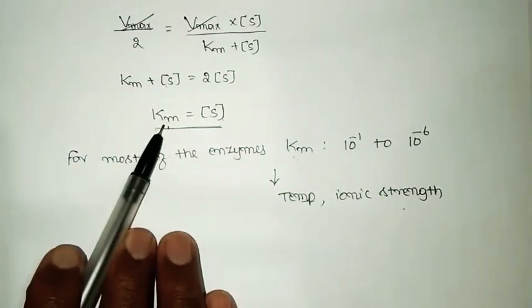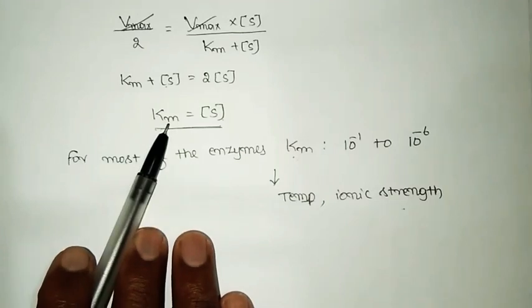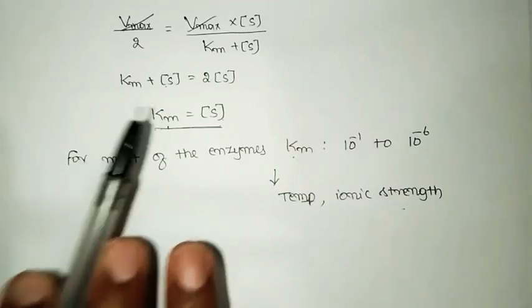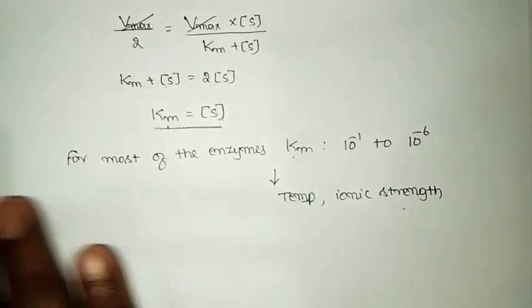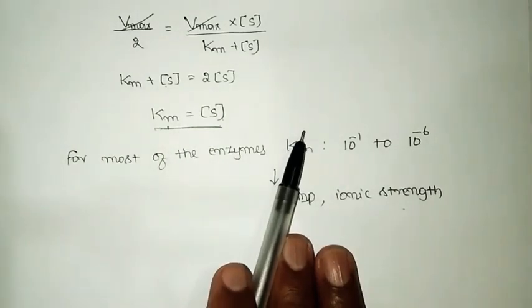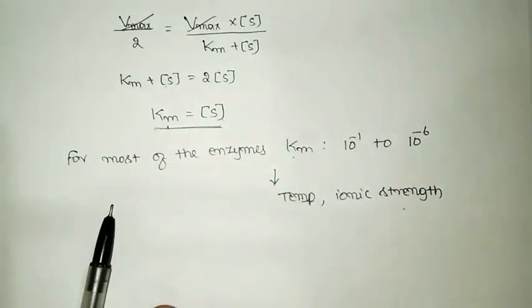That means the Km value gives information that at that particular concentration of substrate, exactly half of the active sites of the available enzyme have been occupied by the substrate molecule.